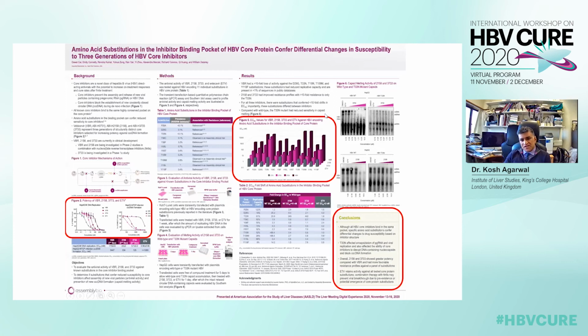And likewise, we see better coverage with regard to the nominated resistance-associated mutations that we may come across in clinical practice. So this is an increasingly exciting field with nuanced new core inhibitors coming into clinical practice at a very rapid pace.